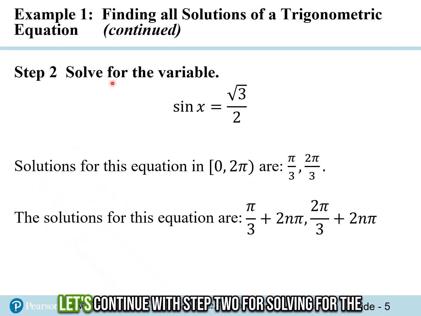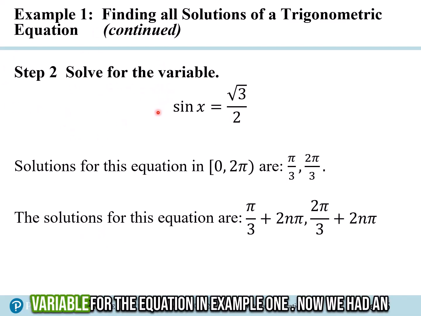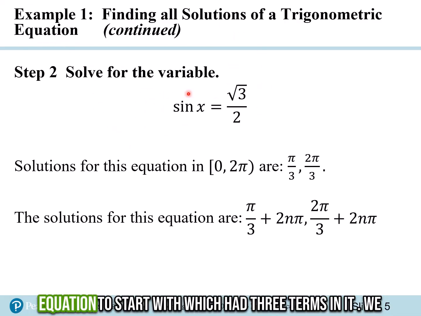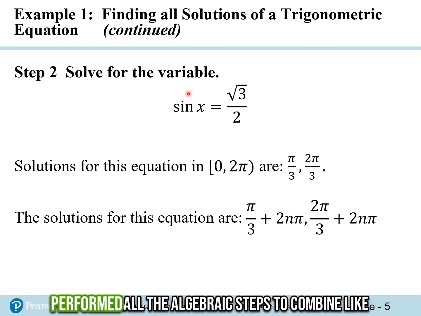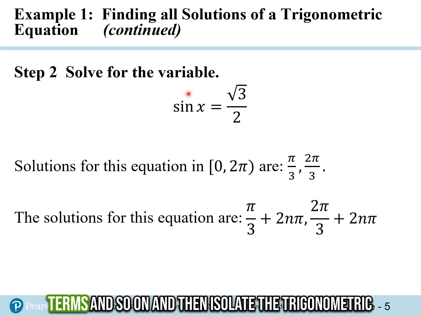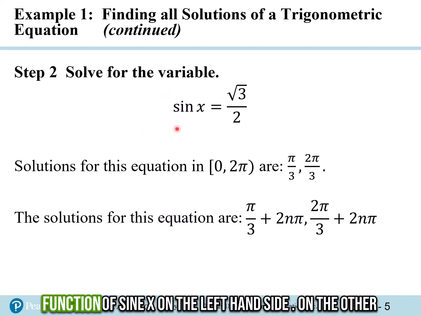All right? Let's continue with step 2 for solving for the variable for the equation in example 1. Now, we had an equation to start with which had 3 terms in it. We performed all the algebraic steps to combine like terms and so on, and then isolate the trigonometric function of sine x on the left hand side.